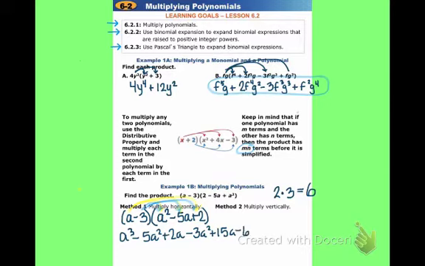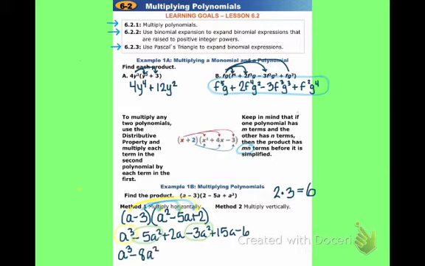So there are those 6 terms I talked about earlier, but now we can add the like terms together. We have an a cubed, and there's just one of them, so I write that first. Then do I have more than one a squared term? I do. There's this one and this one, and when I combine them together, I get minus 8a squared.